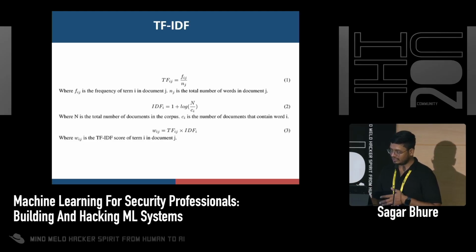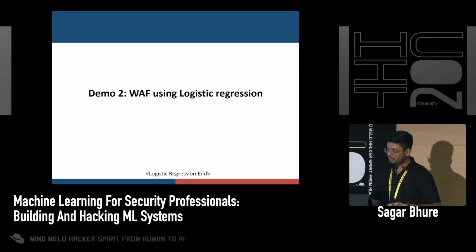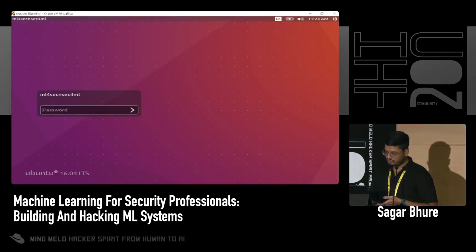So similarly, these are again some of the parameters that are used to determine words that appear a lot across the documents, and term frequency summarizes how often a given word appears within a document. So in the next slide, it's WAF using logistic regression.